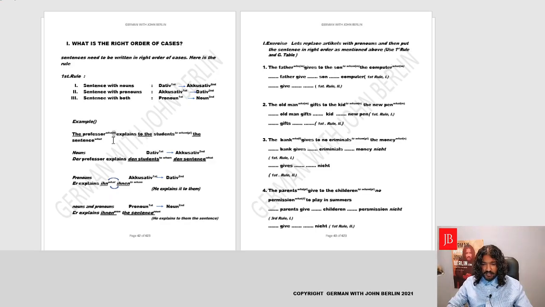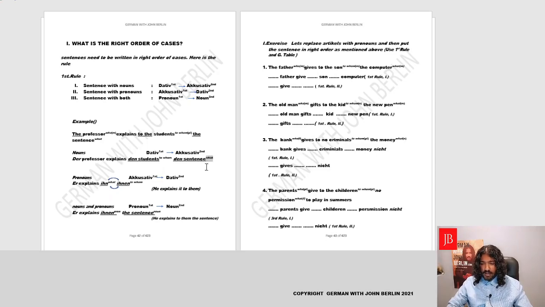Der, die, das, the. So it's der. So I'll write here, der Professor, the professor, explains to whom? Dative. The students, to the students, plural. So dative, plural, den is to the students.